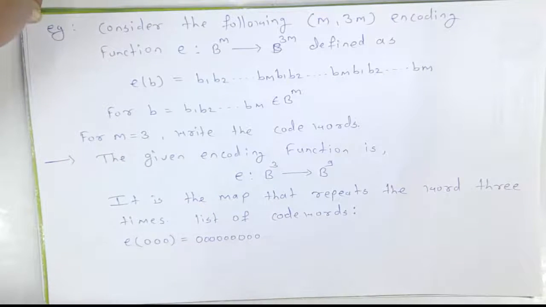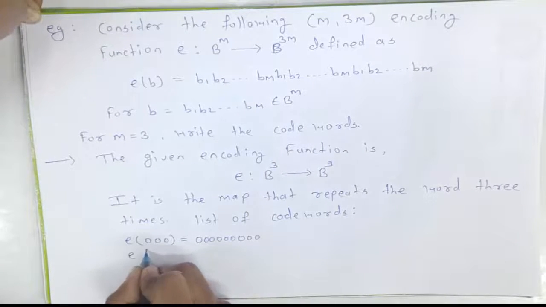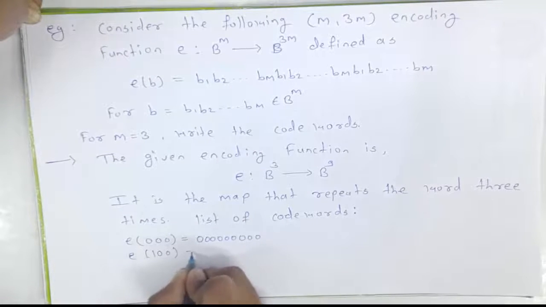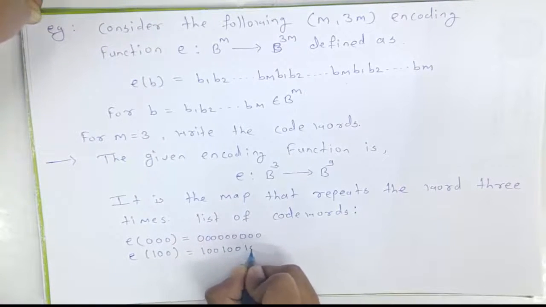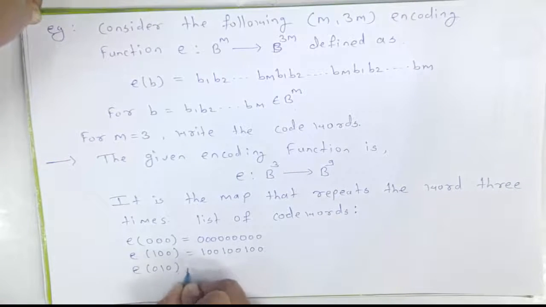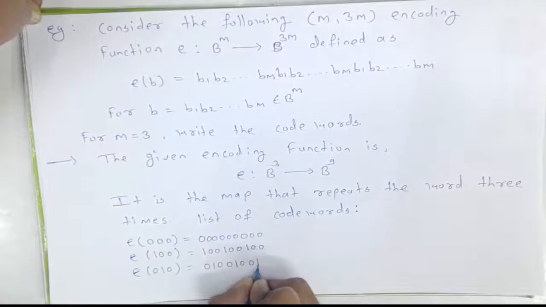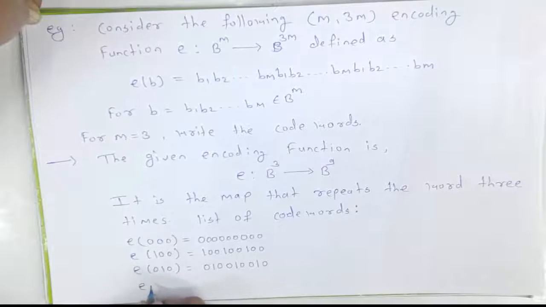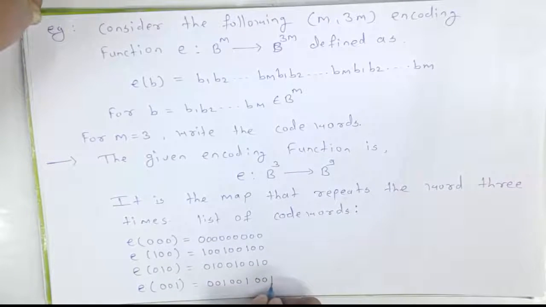Okay, so this is the code word of E of 0 0 0. Now E of 1 0 0 gives 1 0 0, 1 0 0, 1 0 0. Then E of 0 1 0 gives 0 1 0, 0 1 0, 0 1 0. Now next, E of 0 0 1 gives 0 0 1, 0 0 1, 0 0 1.